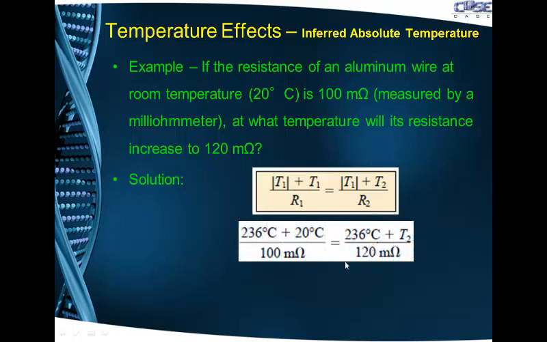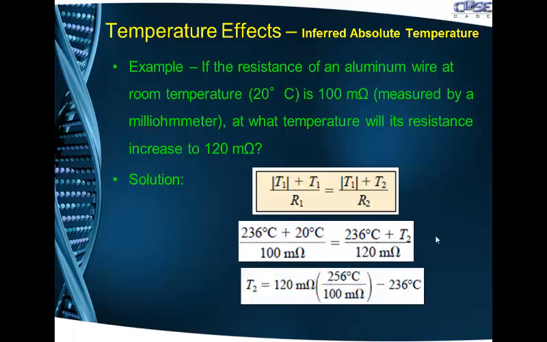Just by plugging in the values for aluminium, the inferred absolute zero is minus 236 degrees centigrade. T1 is the initial temperature, 20 degrees centigrade, where the resistance was 100 milliohm. Now the resistance is 120 milliohm. Then what would be temperature T2?